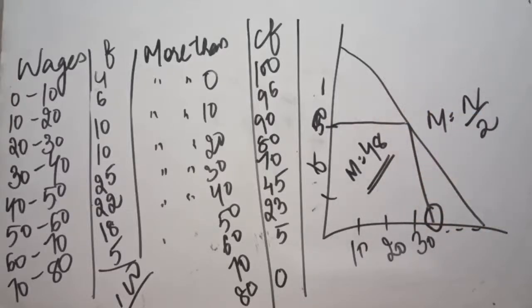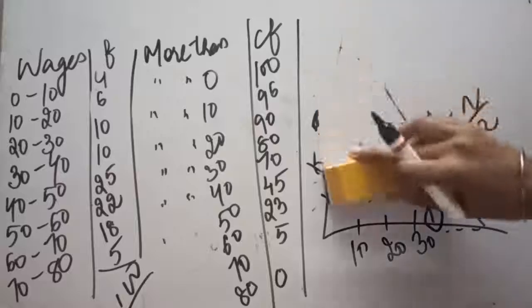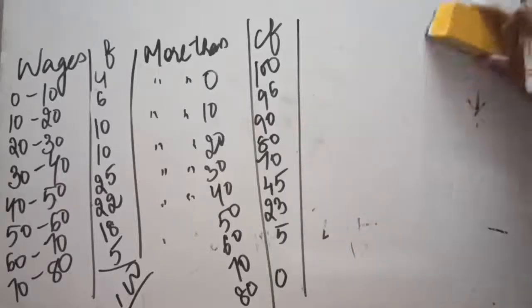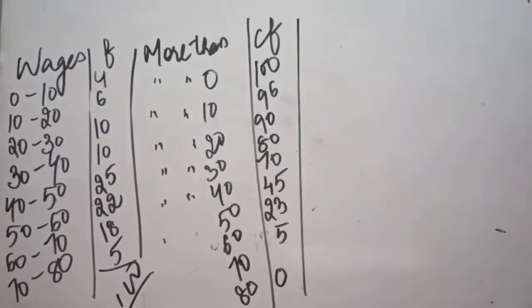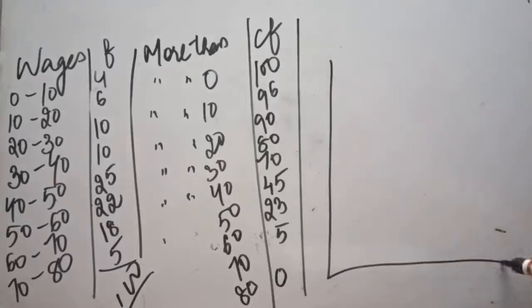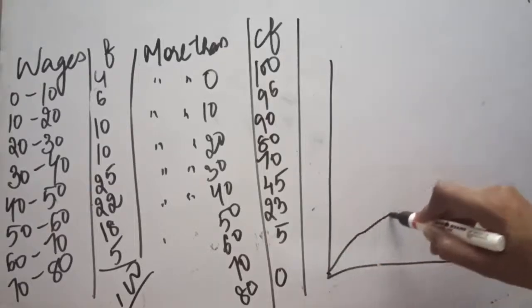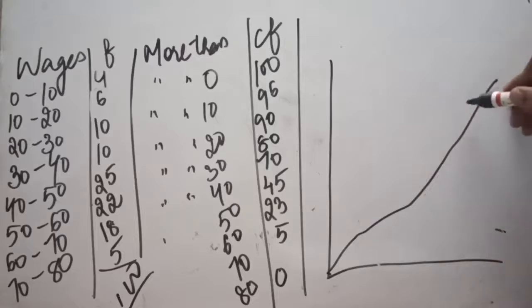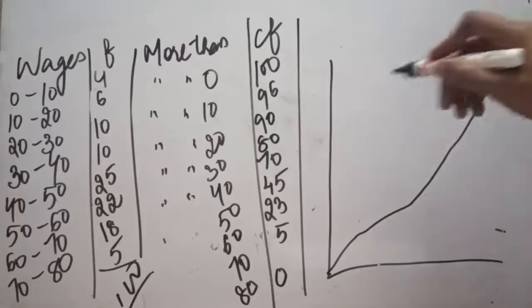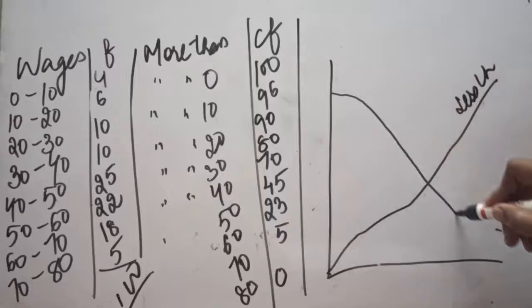Now one more thing I would like to add here is, in some questions, in every question rather, you can make use of this technique. If you do not want to calculate n by 2, you can draw both the ogives on one graph. As you have seen in our question, we have drawn the first ogive like this. This is a less than ogive. Then we have drawn a more than ogive like this.